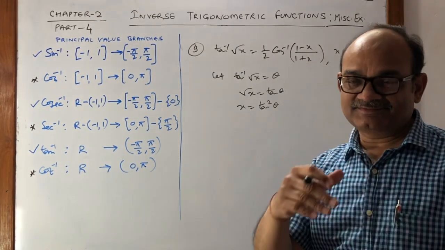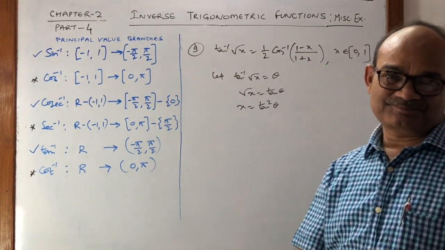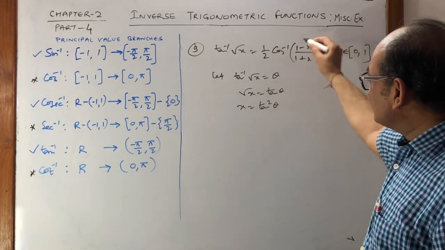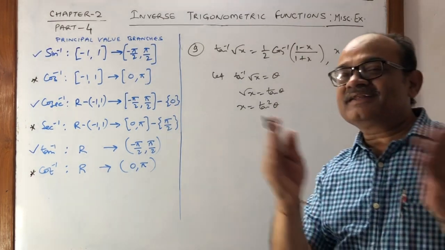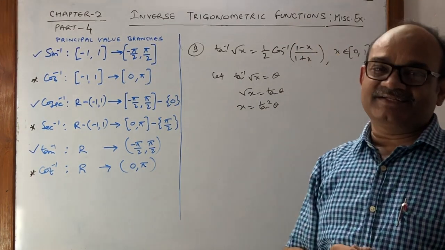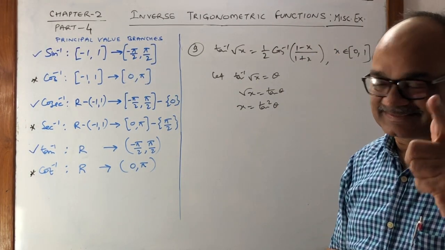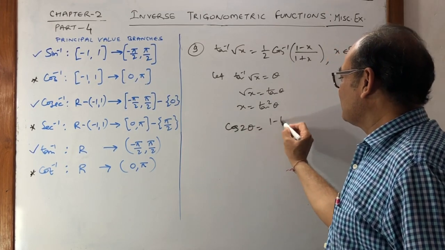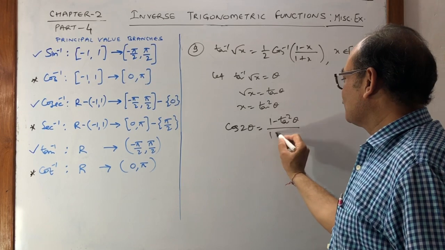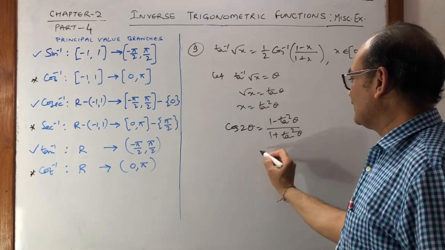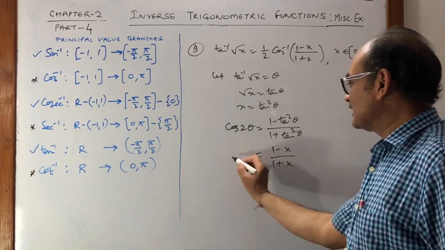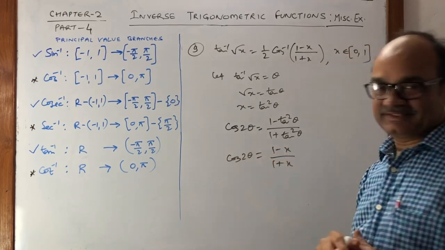Now the hint or the clue: start from here. x is tan square theta, and there is a formula in class 11th, 1 minus tan square upon 1 plus tan square. Yes. So we have a formula of cos 2 theta, 1 minus tan square theta upon 1 plus tan square theta. So here we can write easily 1 minus x and 1 plus x. This is cos 2 theta.